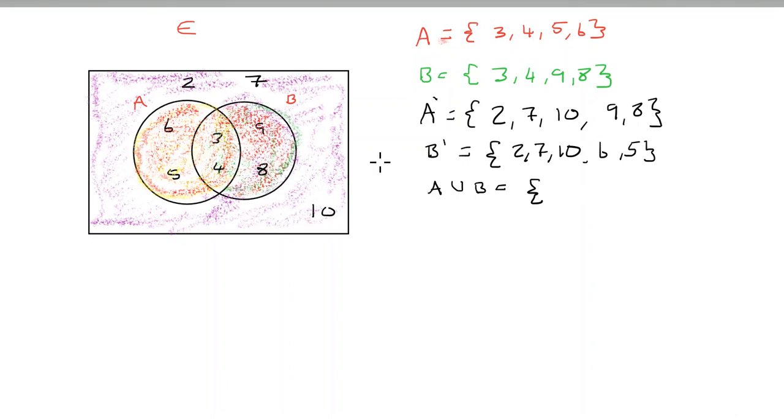So all the elements that are in A and in B will now all be in just one set called A union B. So it's going to be 6, 5.